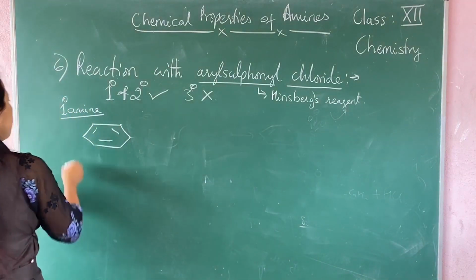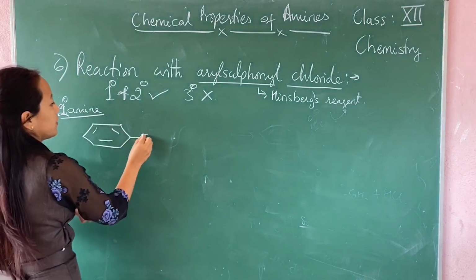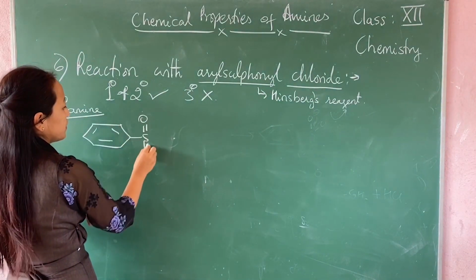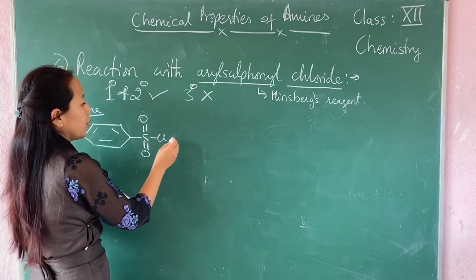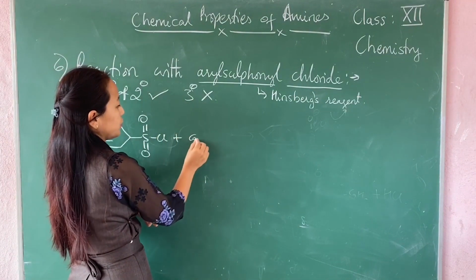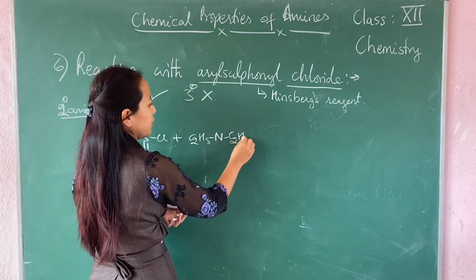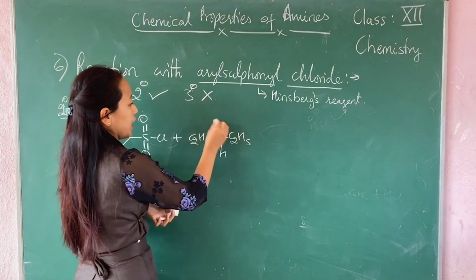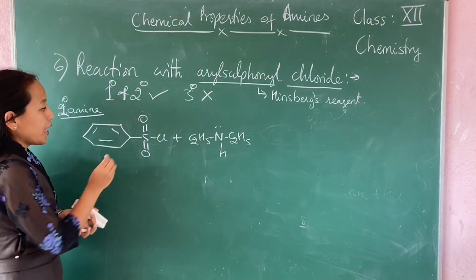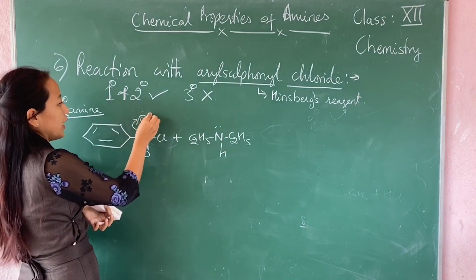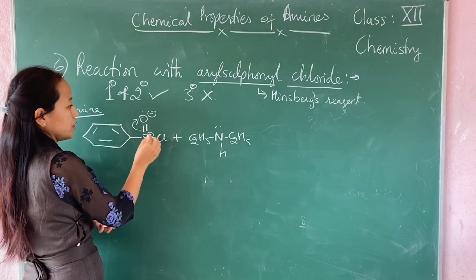Okay, I'm taking a secondary amine now. S double bond O, Cl. When you react this with a secondary amine, C2H5 and C2H5, H and the lone pair of electrons. Now again, this will shift. O will have a negative charge, S will have a positive charge.